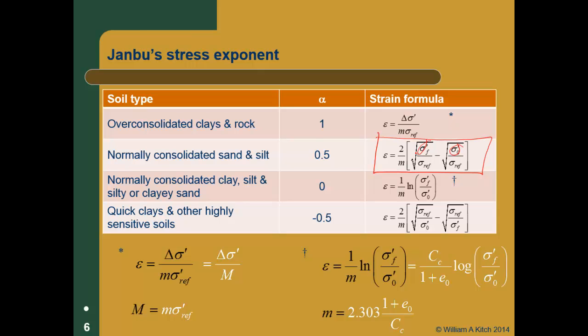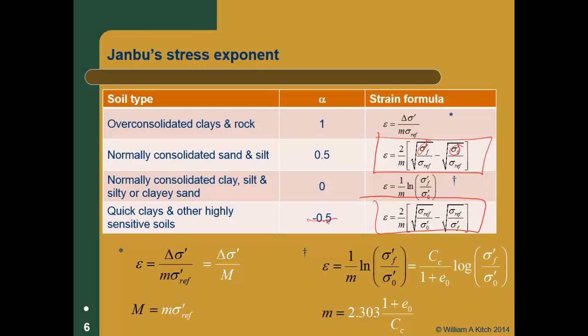In the case of the quick clays, we have this equation because now we've got a negative exponent there. So what he's done is get a very simple closed form solution for the strain as a function of stress for these different behavior types.